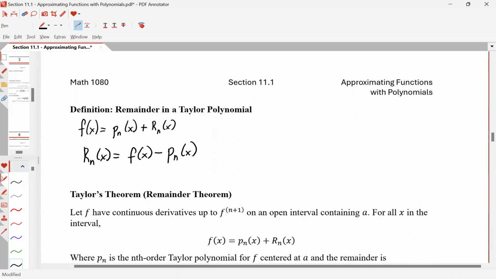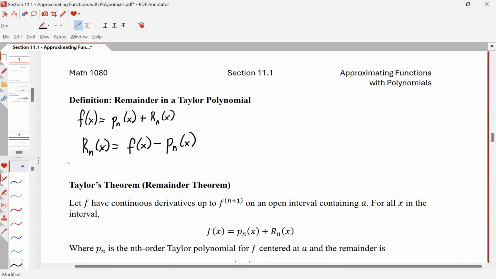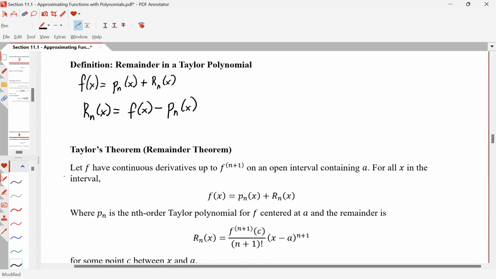And that is where Taylor's theorem, or the remainder theorem, comes in. It says, let f have continuous derivatives up to the n+1 derivative on an open interval. So basically, we can keep taking derivatives for as long as we need for this theorem to work on some interval. For all x in the interval, the function is equal to the nth Taylor polynomial plus the remainder.